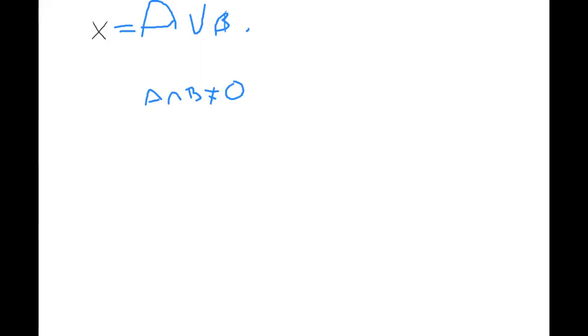So the Mayer-Vietoris sequence is, let me recall it. I remember there was a direct sum, and the intersection. Are there any assumptions on A and B? Well, they have to cover X, but that's already said here, right?